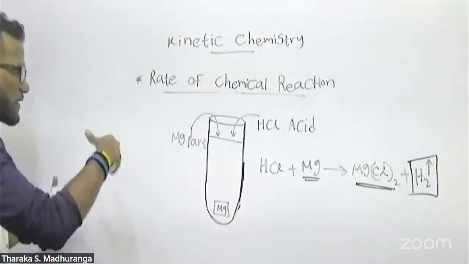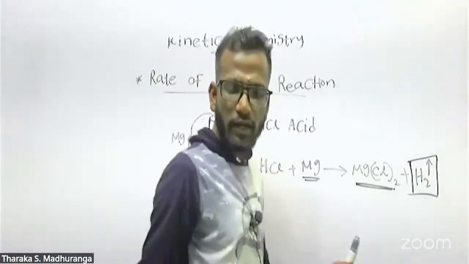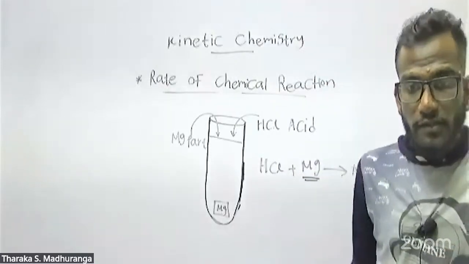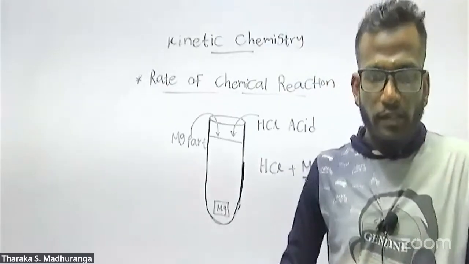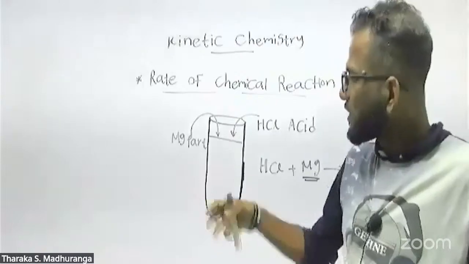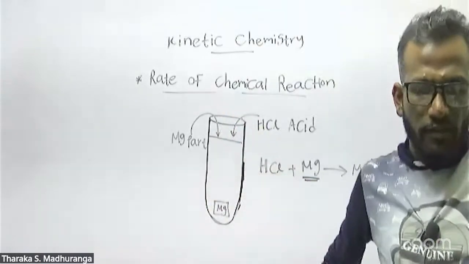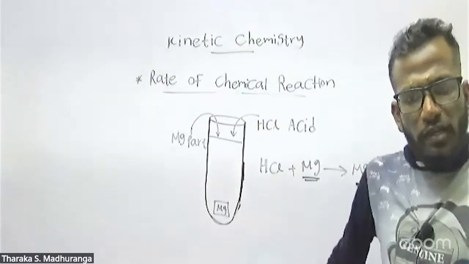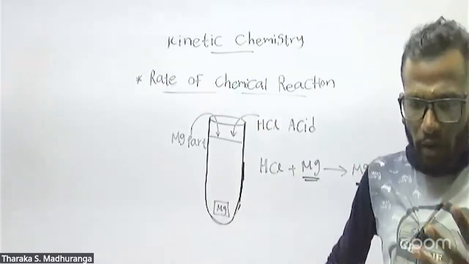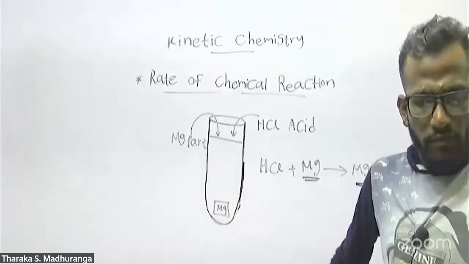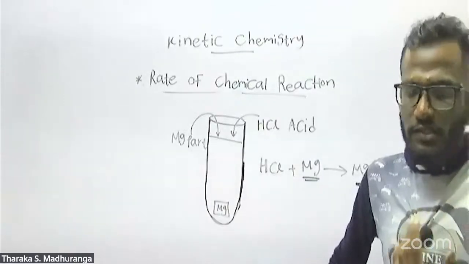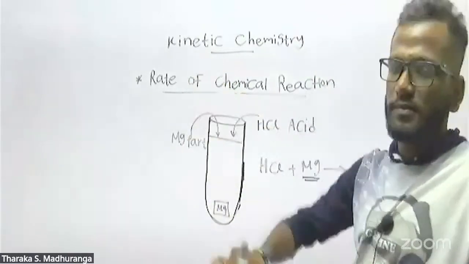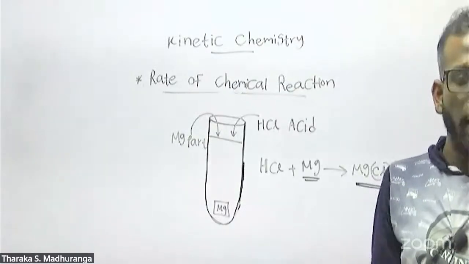Can we get the rate of chemical reaction from this evidence? Ashad? Yeah, a lot of evidence we discussed. Evidence means observations. From this observation, can you get some idea or value for the rate of chemical reaction? This is our target of this lesson: calculate the rate of chemical reaction.